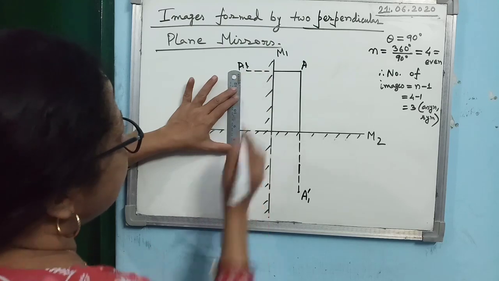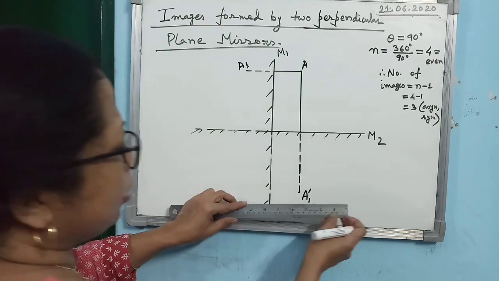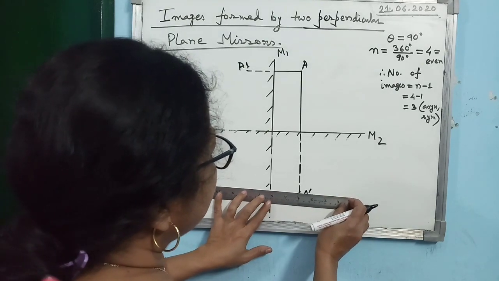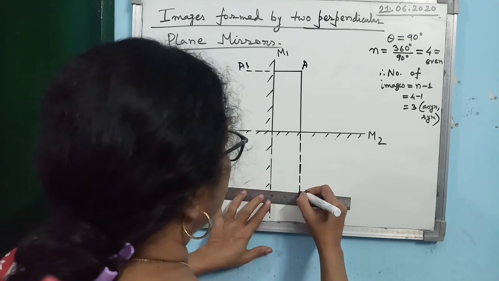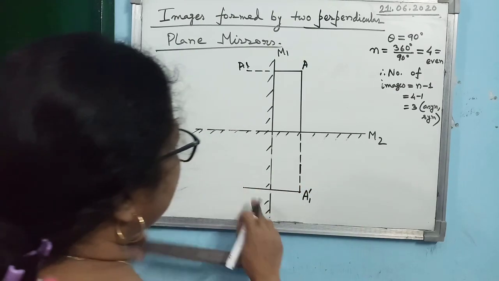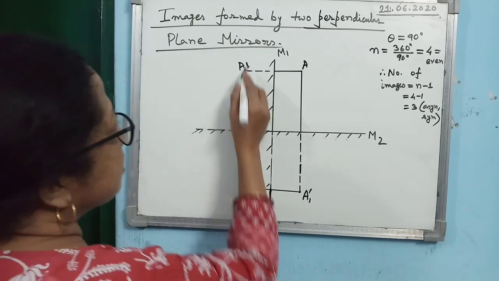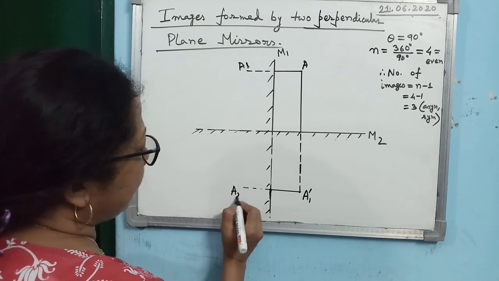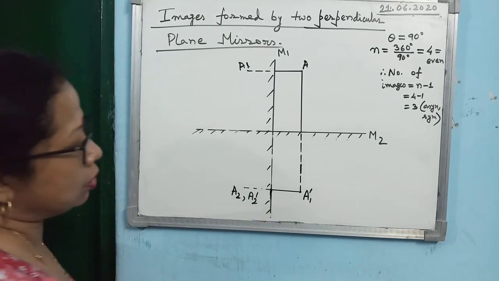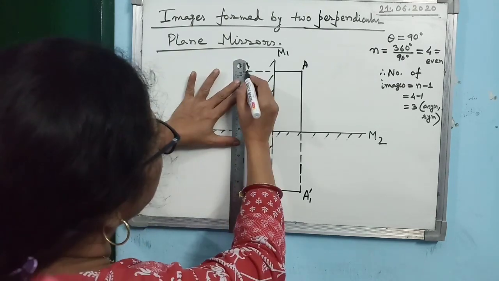This is A1, and then from A1 again, or you can do it like this, which will be easy for you. Hold this, because it will come on one line, then at the same distance mark another point on the opposite side, and join it by a dotted line. Suppose it is A1, then it will be A2, and you write it as A2 dash also, and then join this by a dotted line.